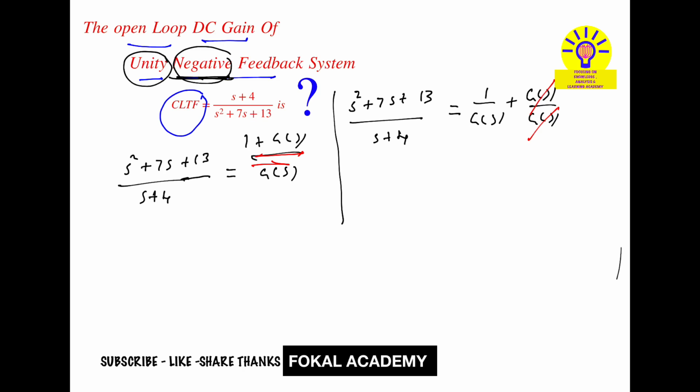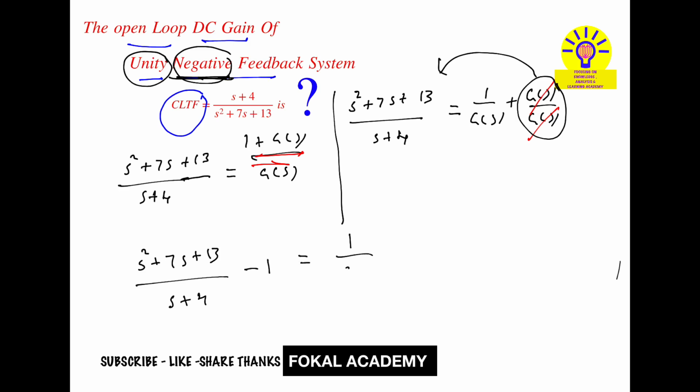Now keep the LHS as it is, no change still: (s square + 7s + 13) upon (s + 4). Here 1 is there, so bring this 1 to the left hand side. It becomes minus 1, that's equal to 1 upon G(s).